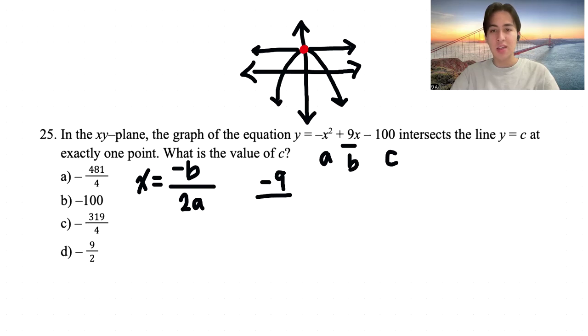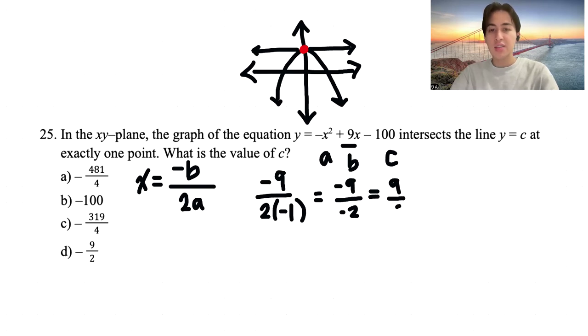So -b is -9, and 2 times a is -2. That means your x value of the vertex is -9 over -2, which is just 9 over 2.